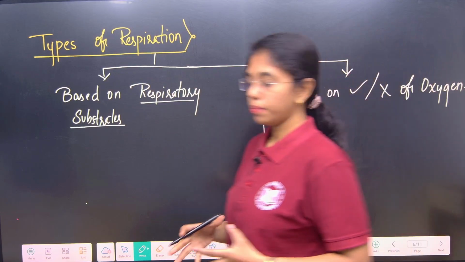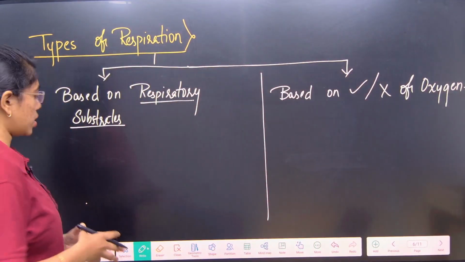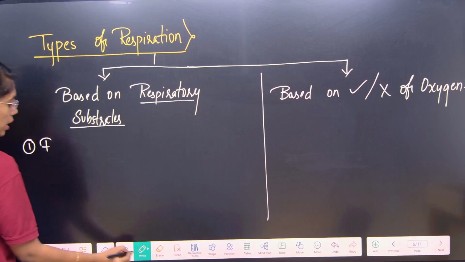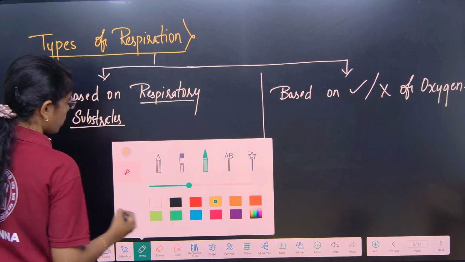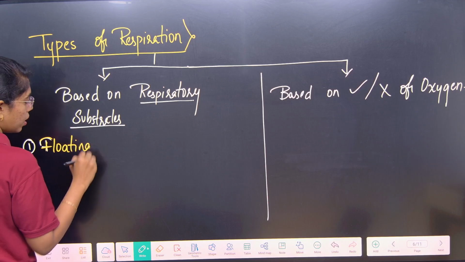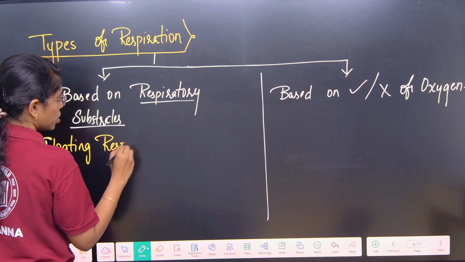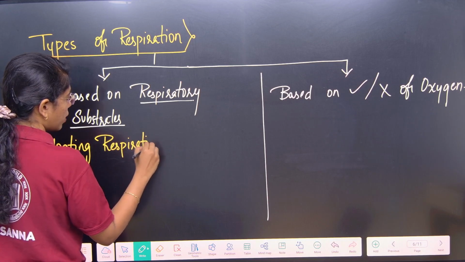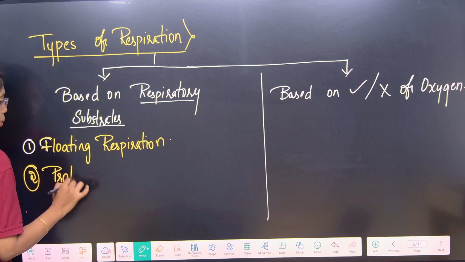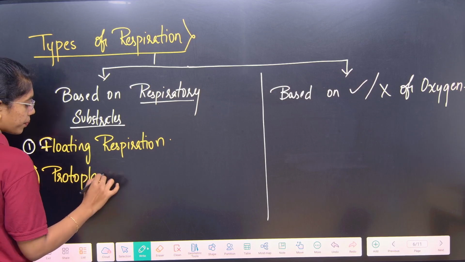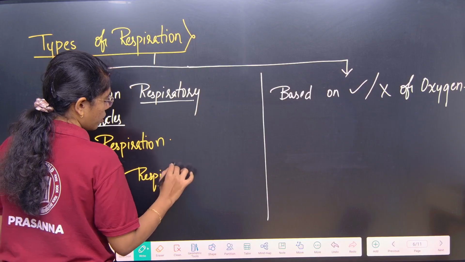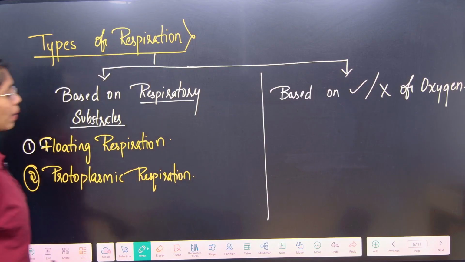So, based on respiratory substrates, we have two types: floating respiration and protoplasmic respiration.